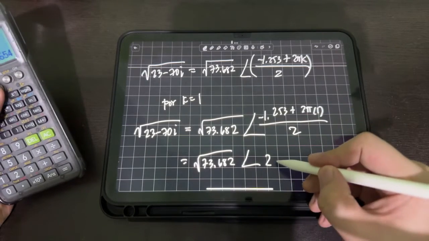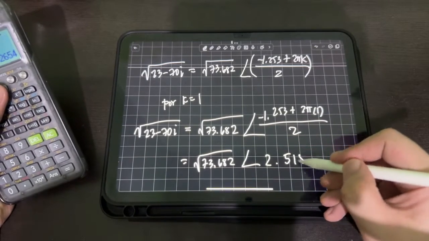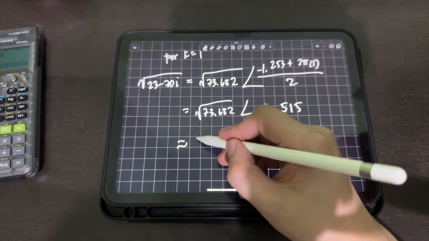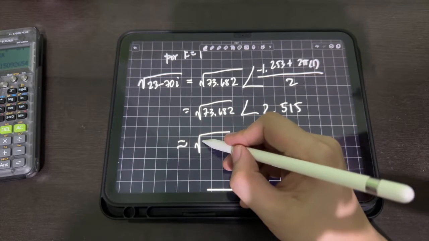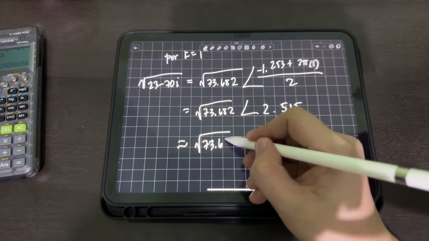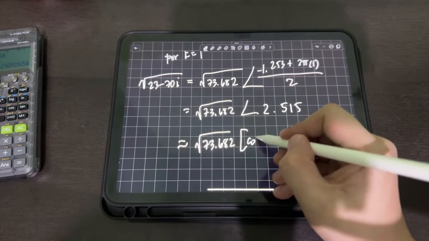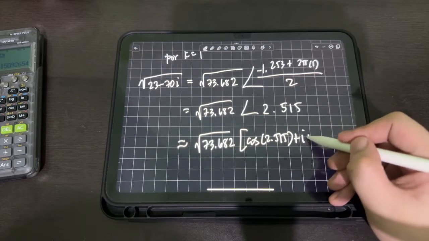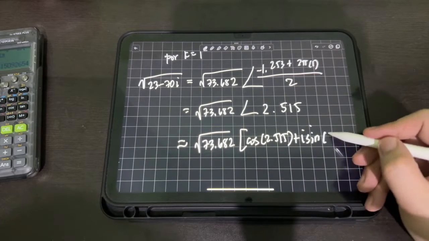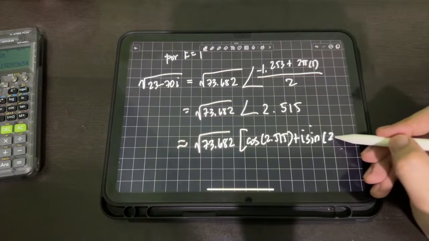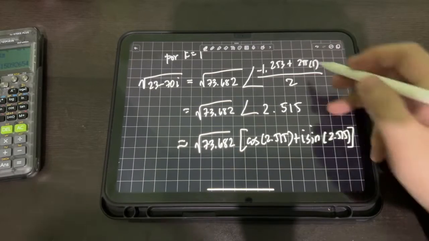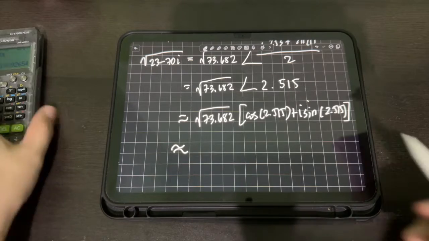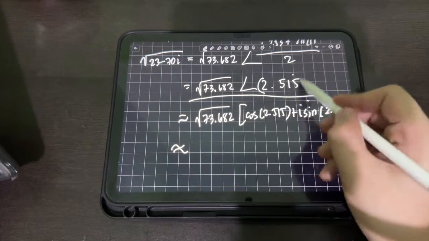So, angle 2.515. So, in polar trigonometric form, it's equal to square root of 73.682 cosine of 2.515 plus I sine of 2.515. In rectangular form, input this in your calculator.